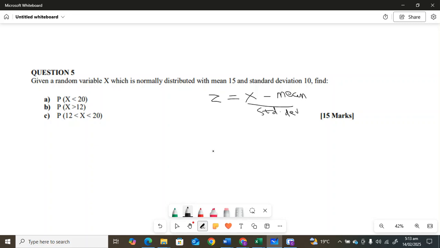Okay, so we start with part A. Our x value is 20. Our mean is 15. Standard deviation 10. 20 minus 15, that is 5. 5 divided by 10, that is 0.5.